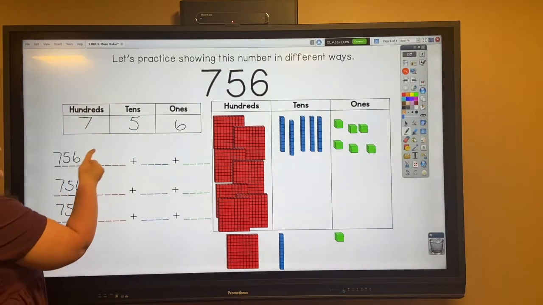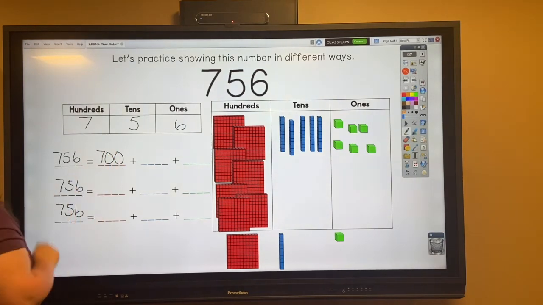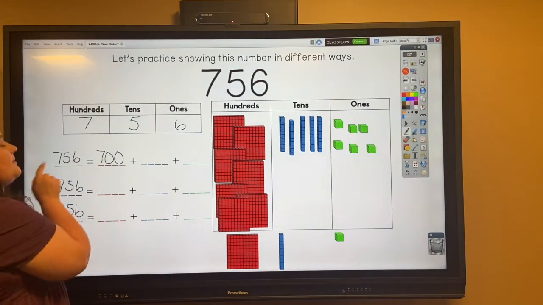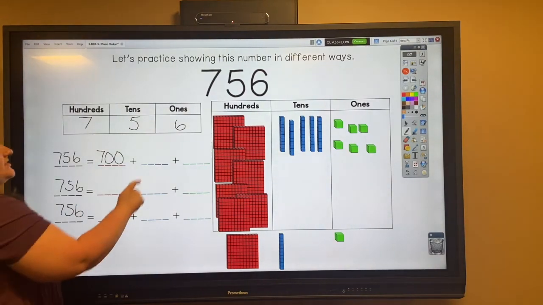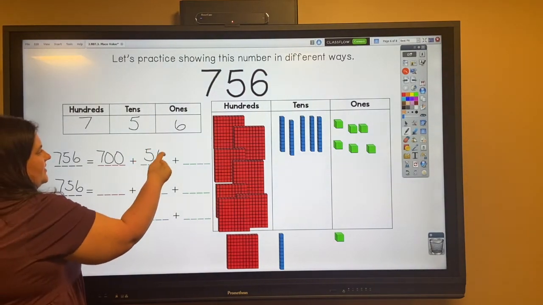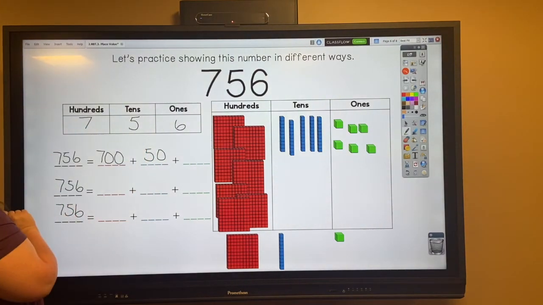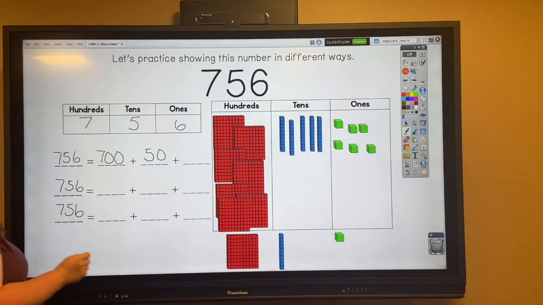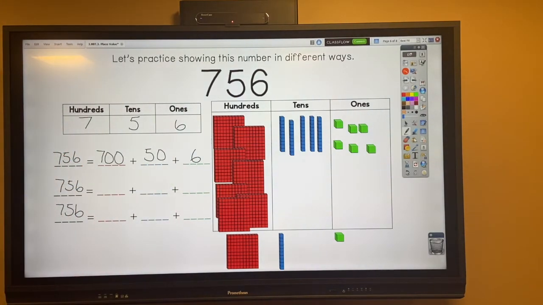So I'm going to show that 756 has 7 hundreds, so 700. I'm also going to show that 756 has 5 tens by writing 50. And then I'm also going to show that 756 has 6 ones just by writing 6 in the ones place. Okay, so I broke apart that number to show its hundreds, tens, and ones.